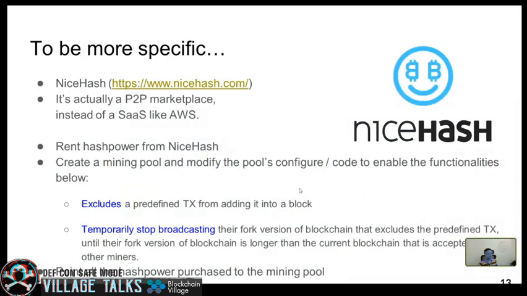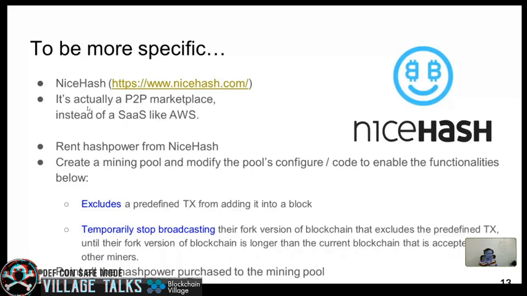So to be more specific, how can we do that? How should we build it? Should we purchase many ASICs, purchase many machines, and build an office to do that?